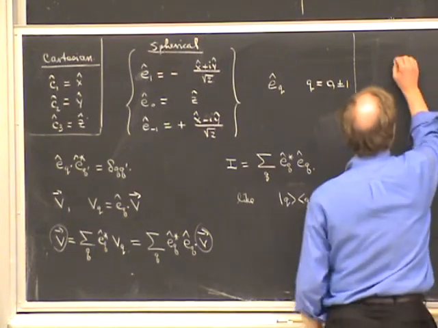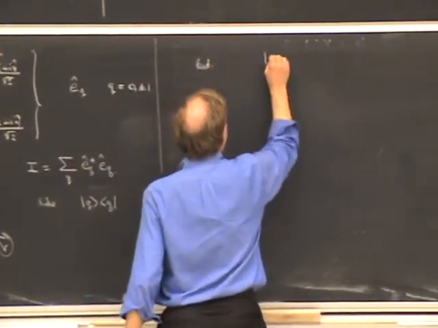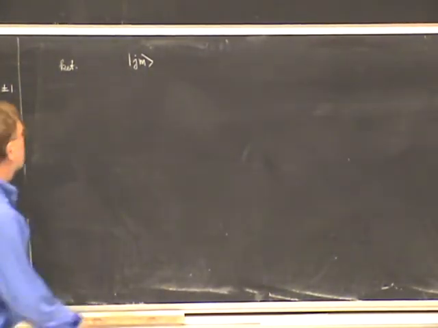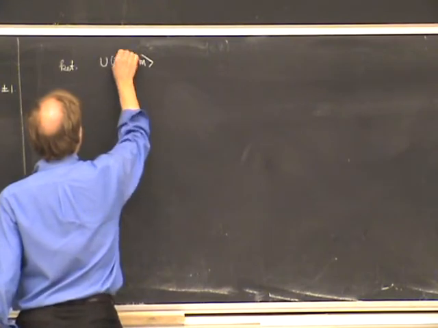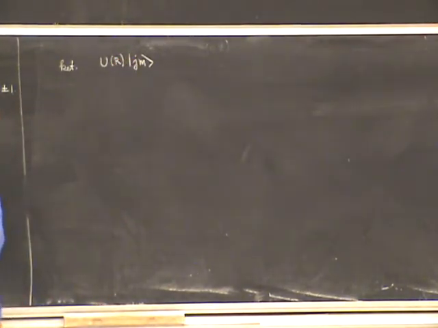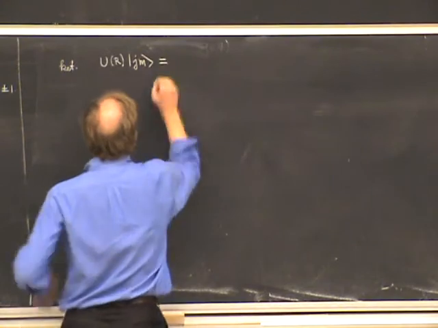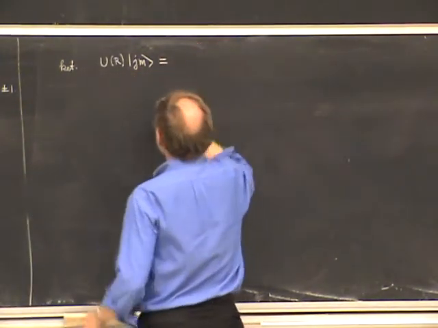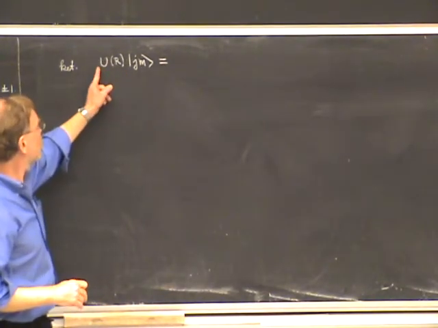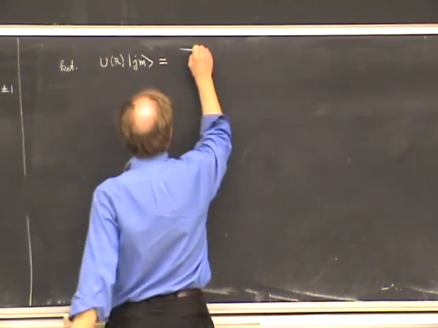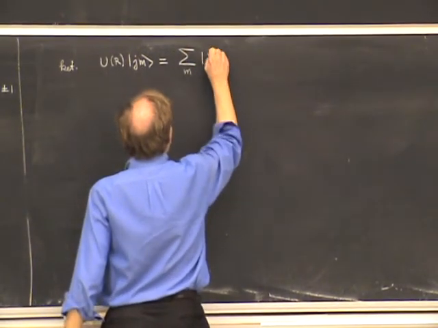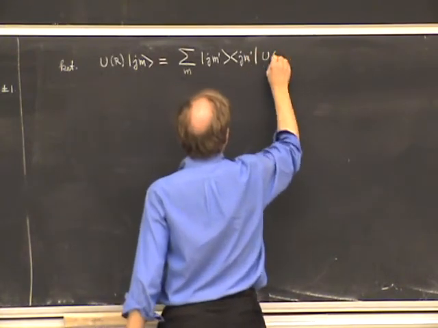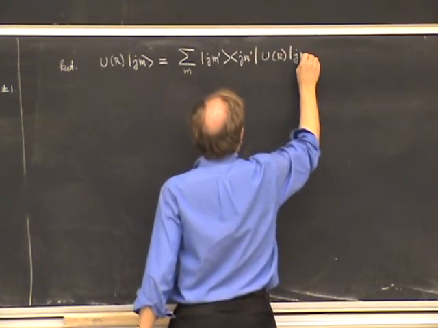If we go back to the case of a ket space, and we take a standard angular momentum basis vector |j m⟩ like this, I'll assume there's no gamma needed. Let's take a look at what happens if we rotate one of these basis vectors, apply a rotation to it. We actually went through this in the case of the Y_lm's just a couple of lectures ago, but I'll do it again. We can work this out by inserting a resolution of the identity right before the U. So we write this as the sum on m' of |j m'⟩ outer product, and then just copy the rest, U(R)|j m⟩.